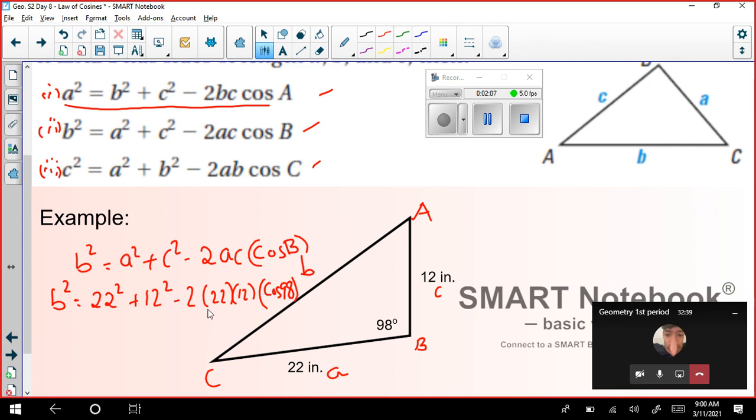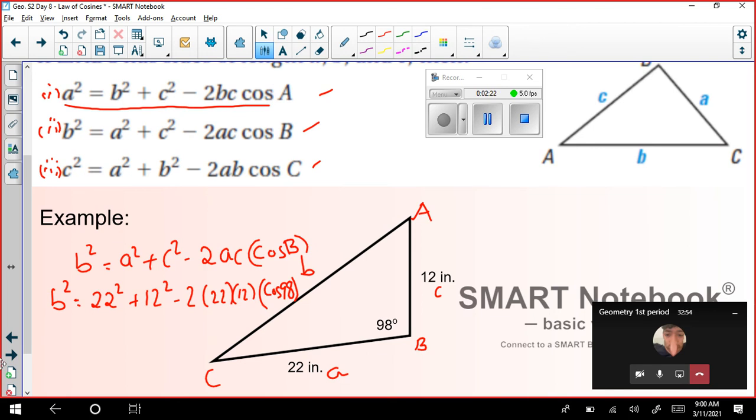Okay, you can substitute everything in the calculator and get the value of b square. Do not round your answers yet, only towards the last step. That's where you have to round your answers.